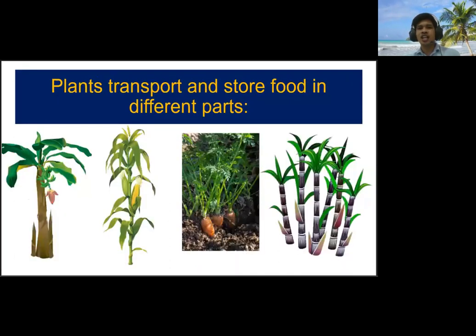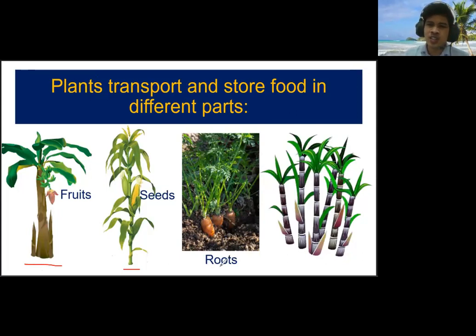And plants transport and store food in different parts. Where do you think this banana stores food? It stores its food in the fruit. For this corn, it stores in the seeds. For these carrots, it stores its food in the roots.